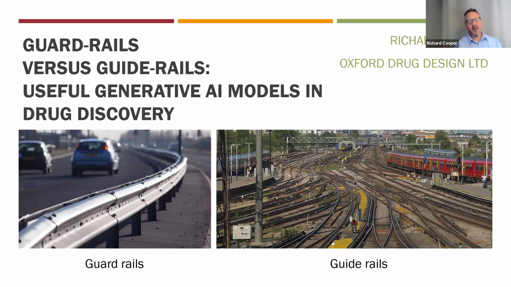That's the guardrail analogy. Whereas if we have a model that's running on guide rails, it can only explore, it can only go to places that make sense, chemical sense or physical sense. So that's the analogy, and you'll see how that fits in as we get to the third part of this talk.